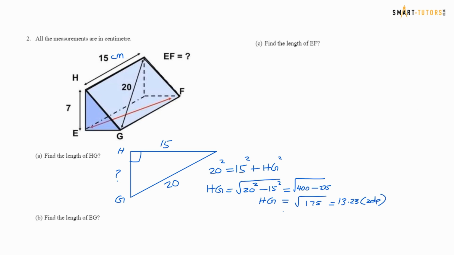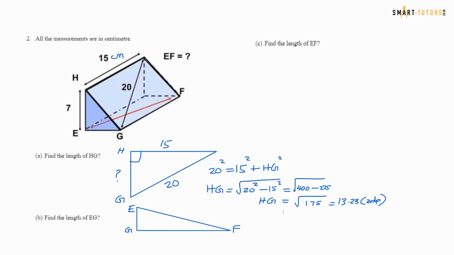Right? Now find the length of EG. Find the length of EG, which is the bottom one. I'm going to draw another triangle for understanding a little bit better. So the triangle is like that, and now E is here and G is here and F is here.